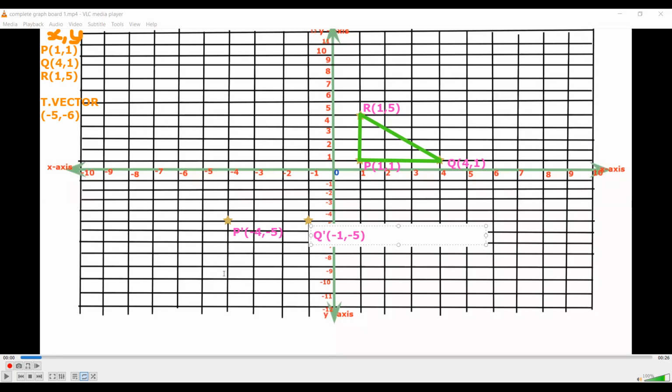And when you add -5 and -6 as a translation vector to 4 and 1, you get a result of what? -1 and -5, as we have done in the workings over there. So this is also the graphical interpretation that we can use to verify our answers, whether what you have done is accurate.